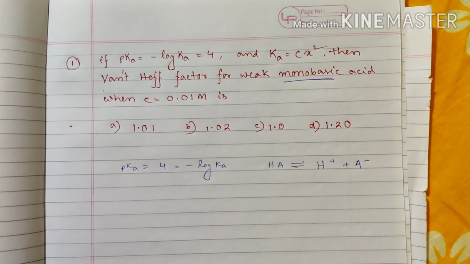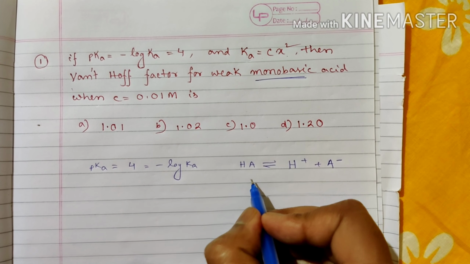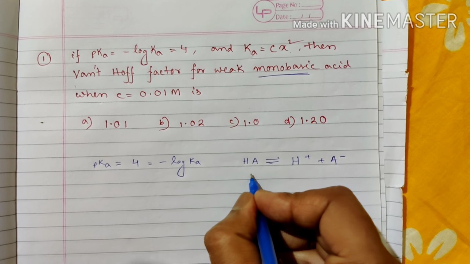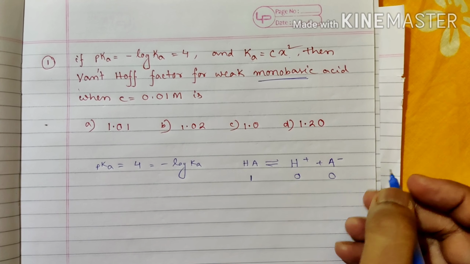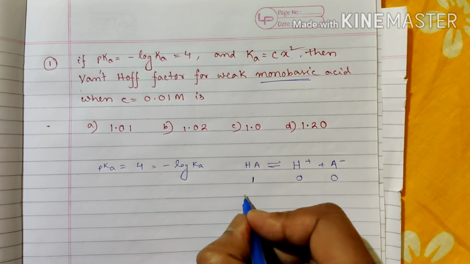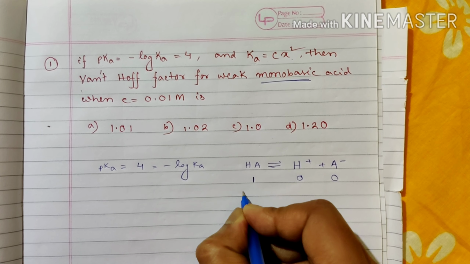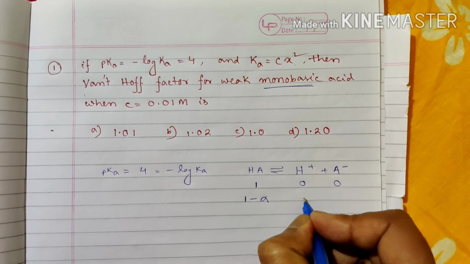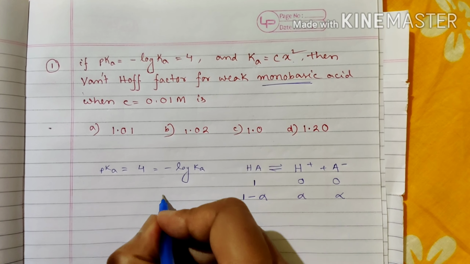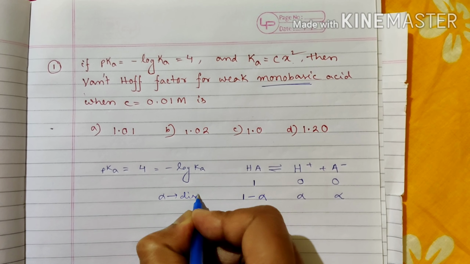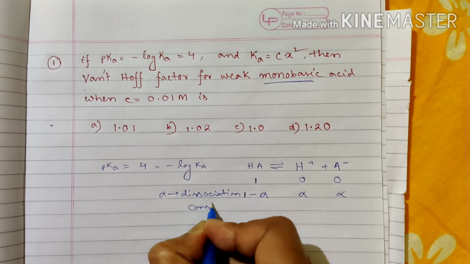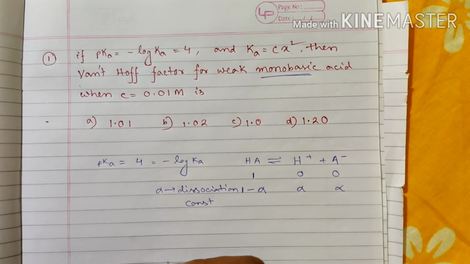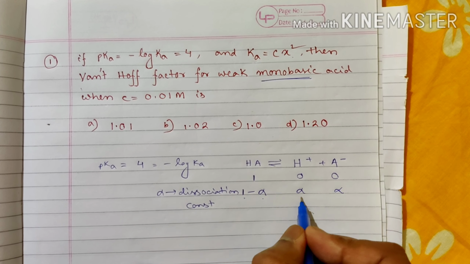Initially the concentrations are 1, 0 and 0. After a certain point of time, it is 1 minus alpha, alpha and alpha, where alpha is the degree of dissociation.